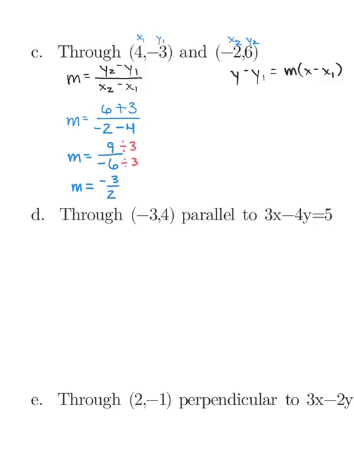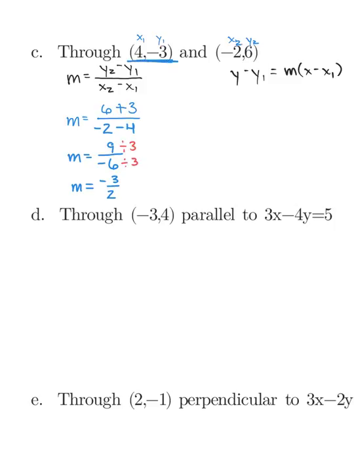And the answer is no. You can choose either point to plug in. So which one is going to be easier to work with? That's up to you. I'm going to go ahead and use the first point, but again, it does not matter.